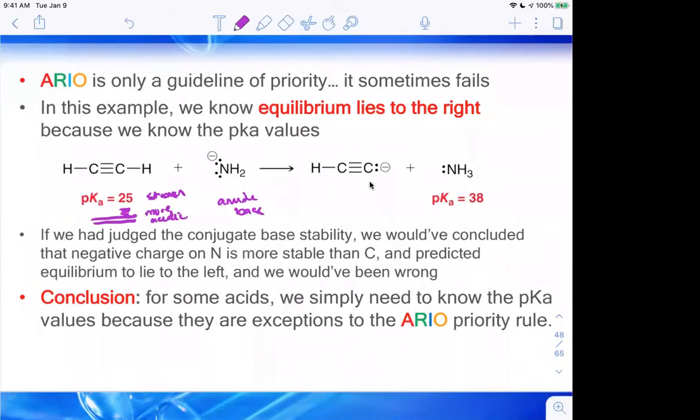And here's my conjugate acid, which is going to be less acidic because my pKa is higher. We know this actually happens, the equilibrium lies to the right. And we know this because I know the pKa values. This is the weak side.